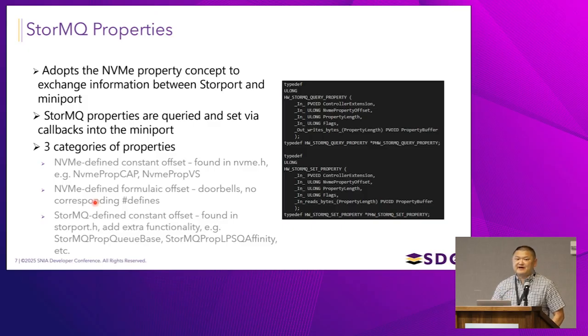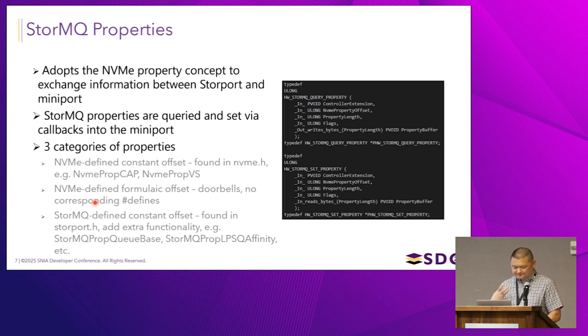So from a miniport perspective, the miniport will expose new callbacks that allow StorPort to query or to set properties. In terms of the properties that will be supported within Store MQ, we have three categories of property. We have the properties that are defined in the NVMe spec, such as the capability.